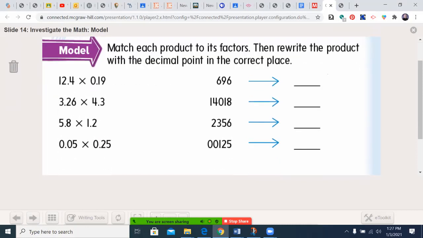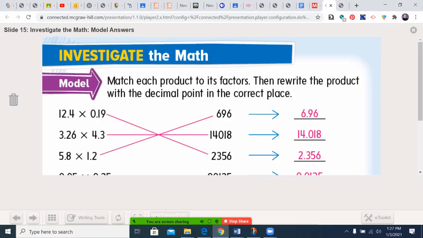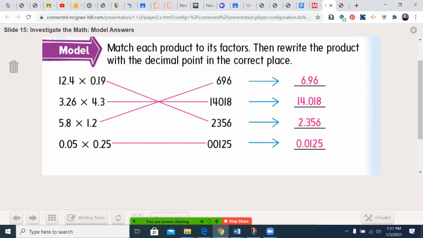All right, so match each product to its factors, then rewrite the product with the decimal point. Well, they just want to make our life fun, don't they? Let's just go to the answers here. 12.4 times 0.19: 124 times 19 is 2356.